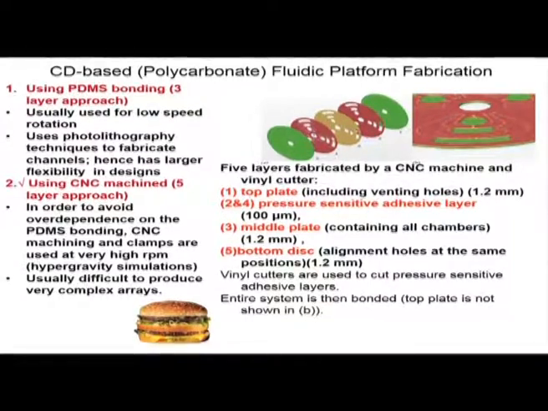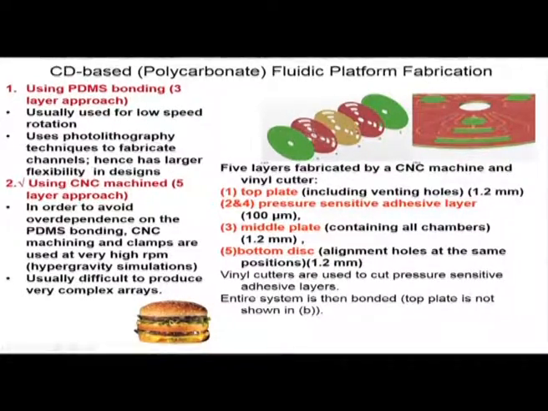So in the low cost paradigm we use a 5 layer approach using a tabletop CNC machine. 5 layers are fabricated. You can see these layers 1, 2, 3, 4, 5. These 5 layers are stacked together just like you make a burger, okay.